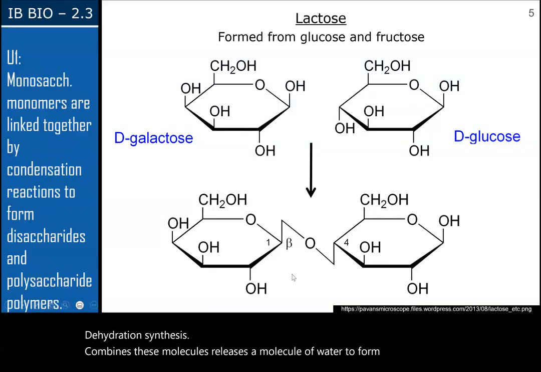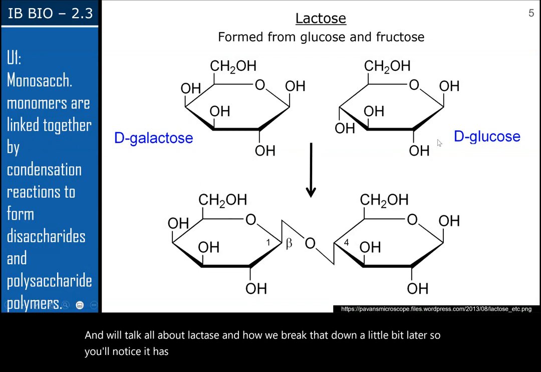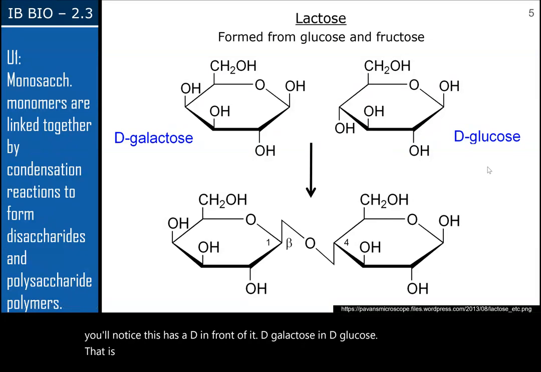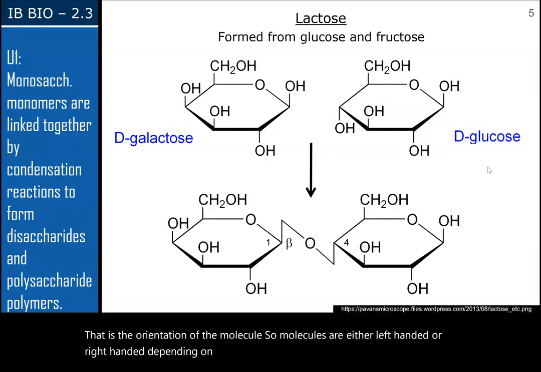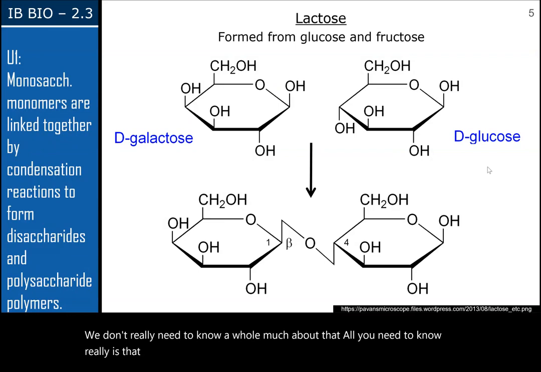And we'll talk all about lactase and how we break that down a little bit later. You'll notice this has a D in front of it, D-galactose and D-glucose. That is the orientation of the molecule. Molecules are either left-handed or right-handed, depending on which way they face. We don't really need to know much about that. All you need to know really is that lactose is galactose and glucose put together.